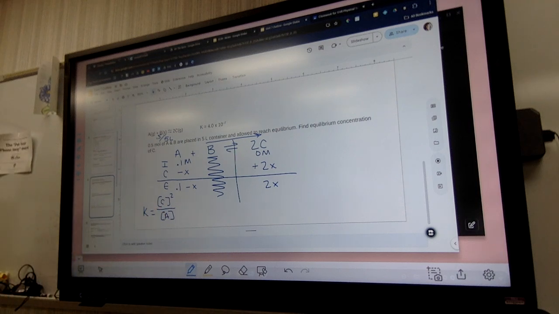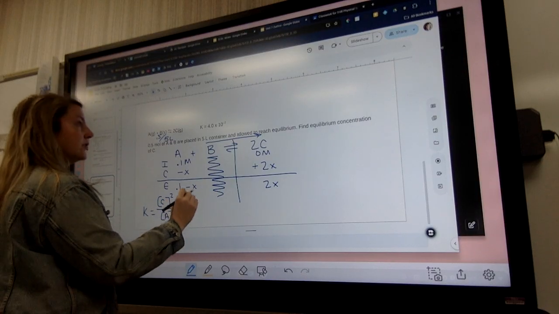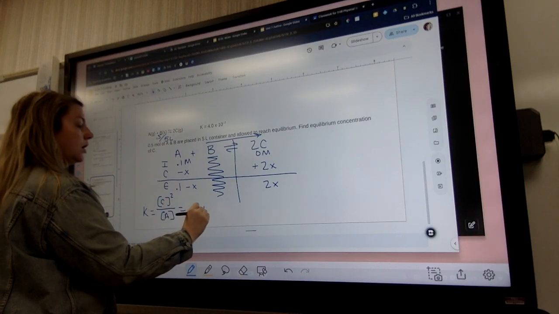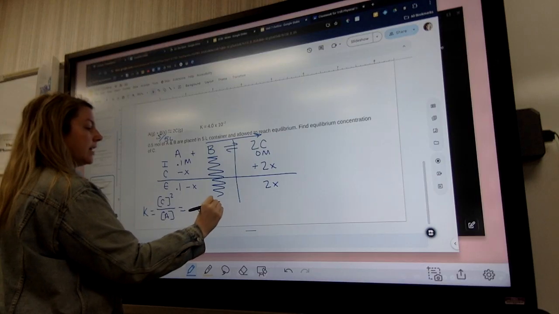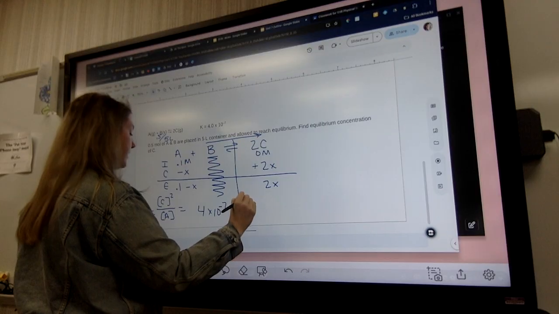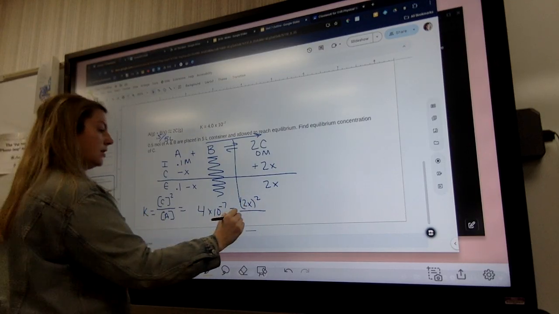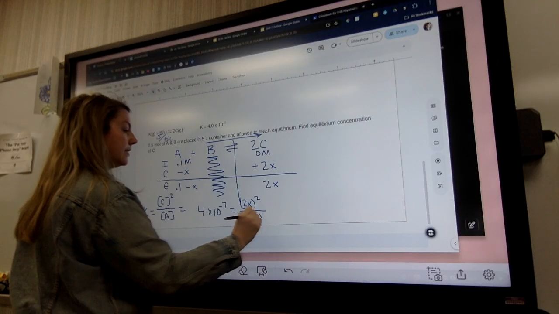Then I plug in my information. It helps make sure that you don't forget any squared or cubed that you might have to use based on the balanced equation. So my K, 4 times 10 to the negative 7th, is equal to 2x squared divided by 0.1 minus x.